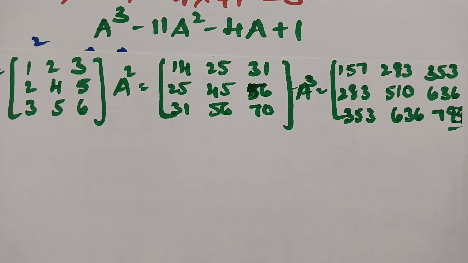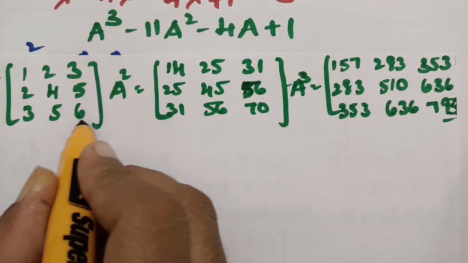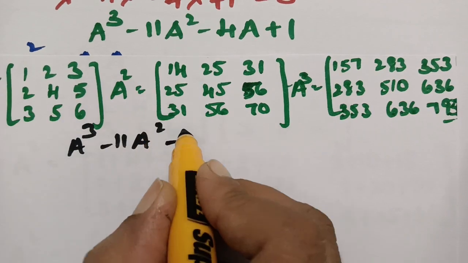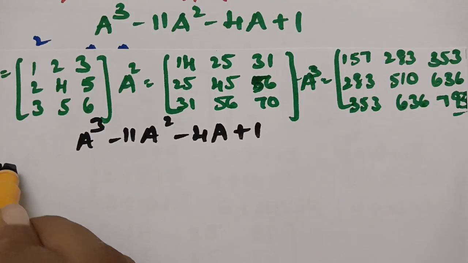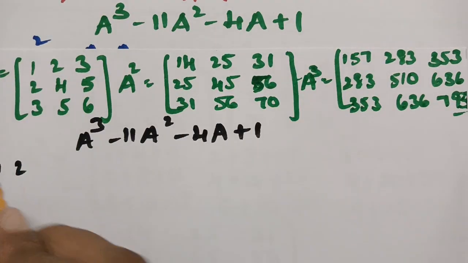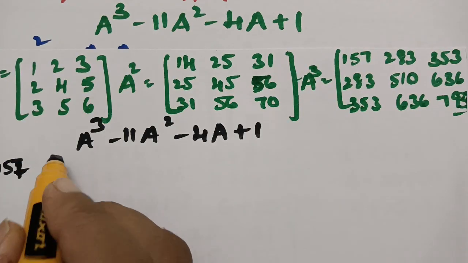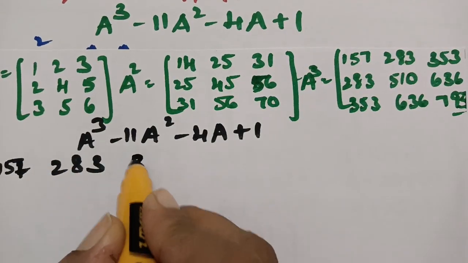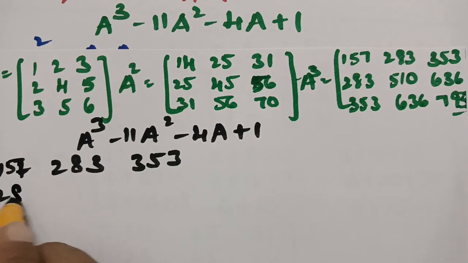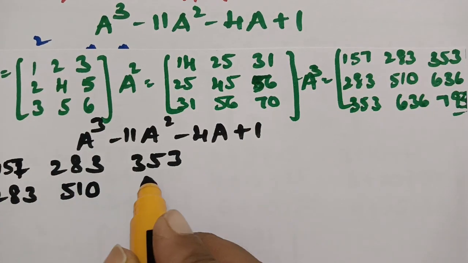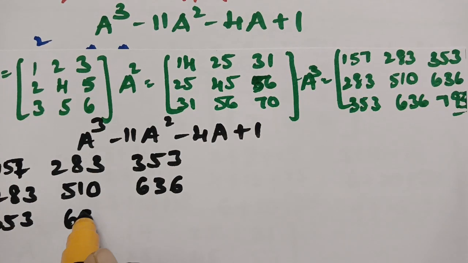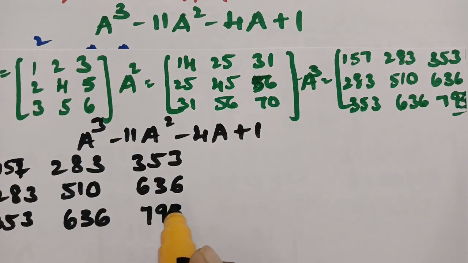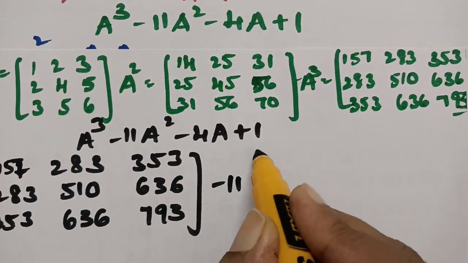So in this characteristic equation, if I substitute, what is our characteristic equation? It is A cube minus 11A squared minus 4A plus I. The A cube value is ready as 157, 283, 353, 283, 510, 636, 353, 636 and 793, minus 11 times A squared.